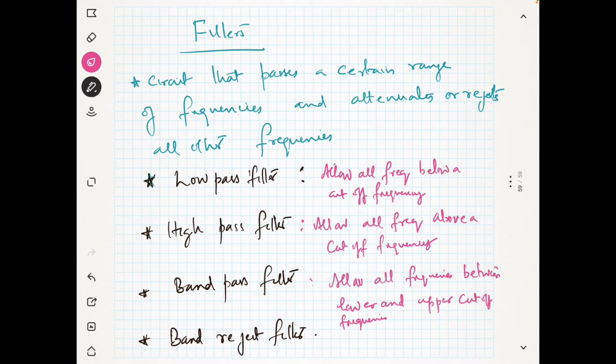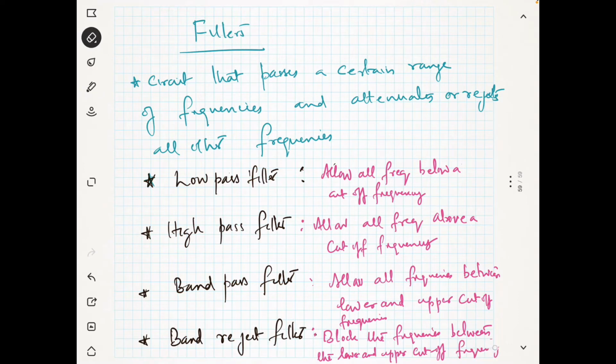That means it is allowing only the frequencies between a particular range. And what is band reject? Band reject is just the opposite of band pass. It will block the frequencies between the lower and upper cutoff frequencies.